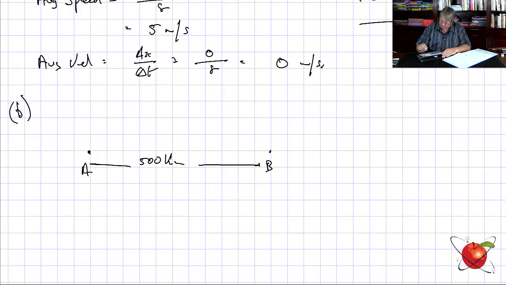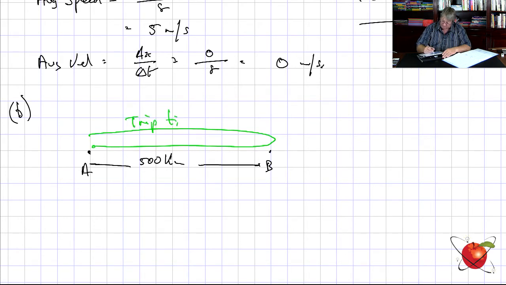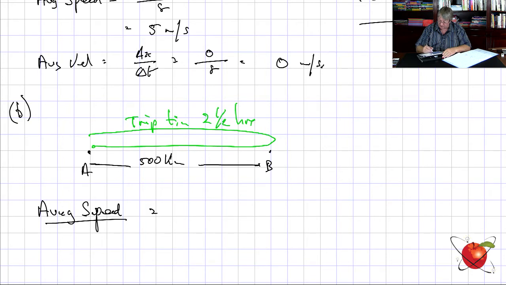So what are we saying? I take a different color pencil and say the total return trip, which means from there to there, the trip time was 2.5 hours. They say calculate in kilometers per hour the average speed. Total distance over total time. What's the total distance? 500 there plus 500 back, because I went there and back.